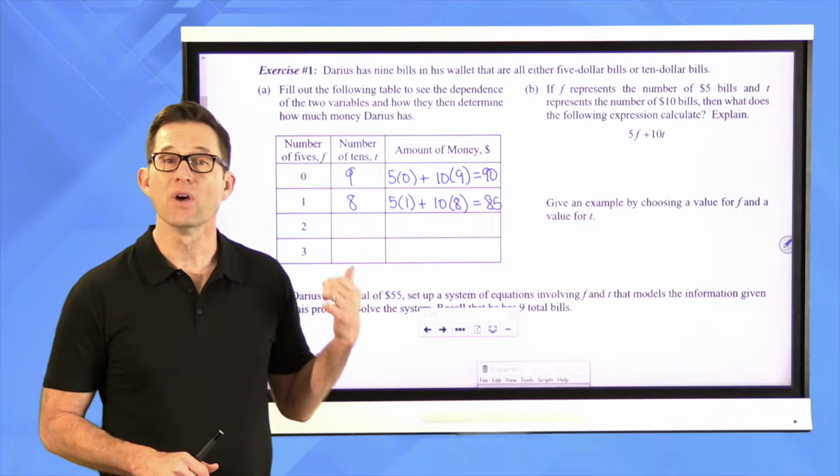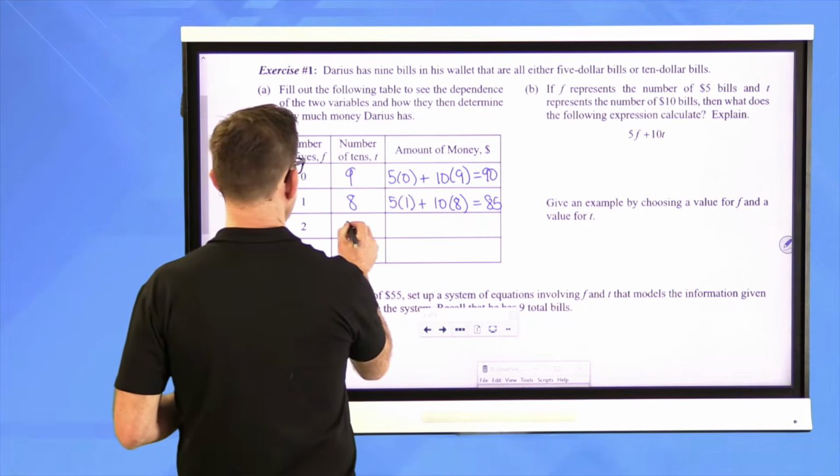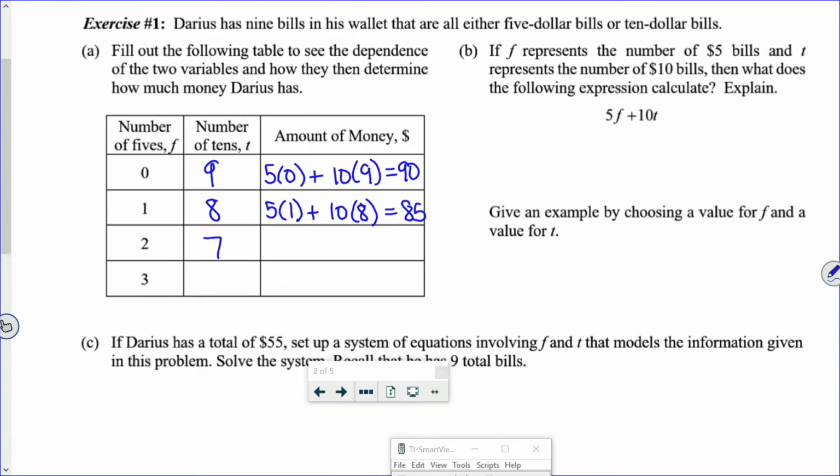All right, so if Darius had 2 5s, he would have 7 10s, and the amount of money he would have would be 5 times 2 plus 10 times 7, and that would be 10 plus 70, which would be 80.